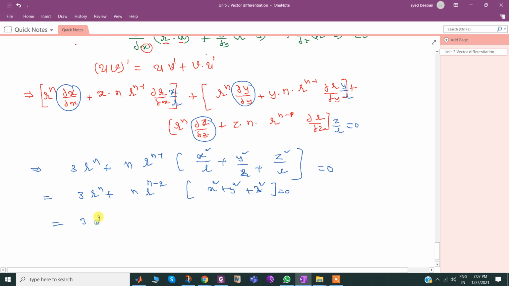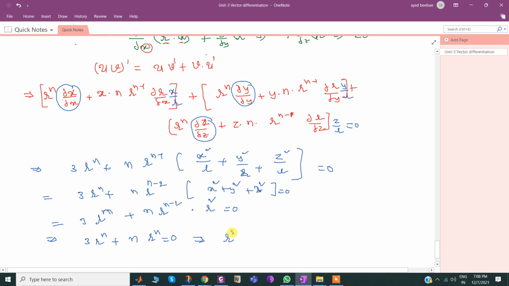So 3 r^n plus n times r^(n-2) times r² equal to 0. Furthermore, 3 r^n plus n times r^n equal to 0.